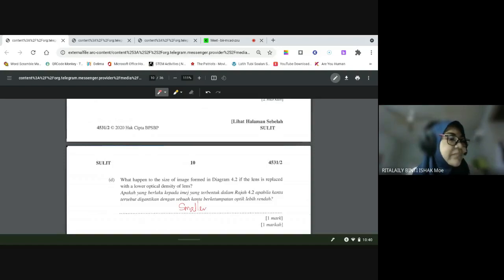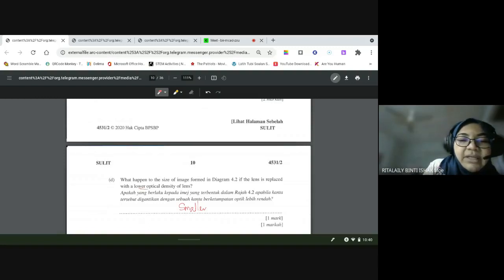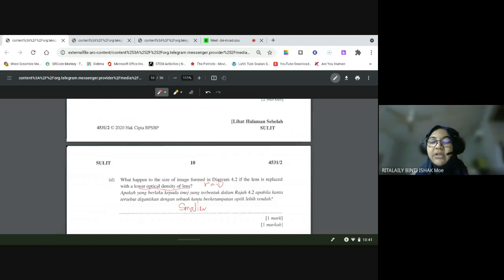Okay. So, untuk D, ada apa-apa soalan? Lower optical density, refractive indexnya akan lower. So, bila refractive indexnya lower, dia punya focal point akan lebih jauh.